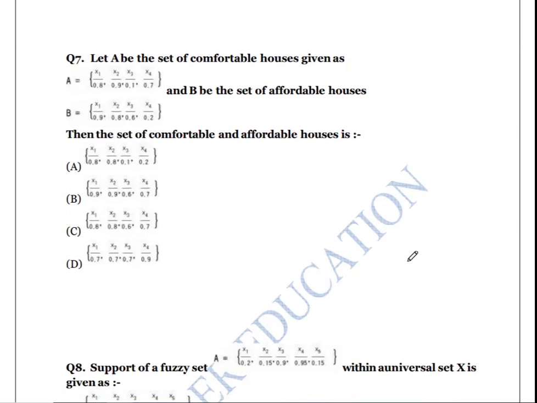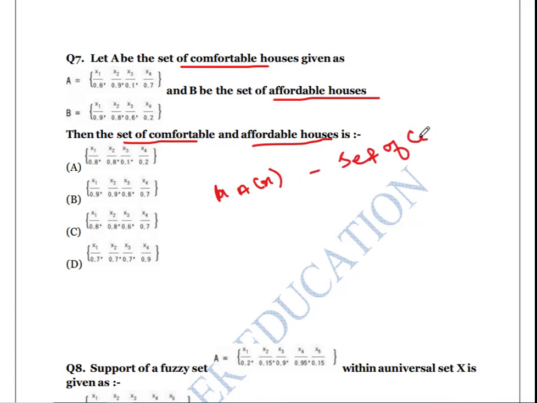The next question. Let A be the set of comfortable houses given as x1, x2 and B be the set of affordable houses. Set of comfortable houses is considered as mu of A of x.